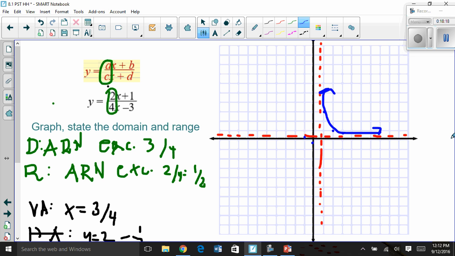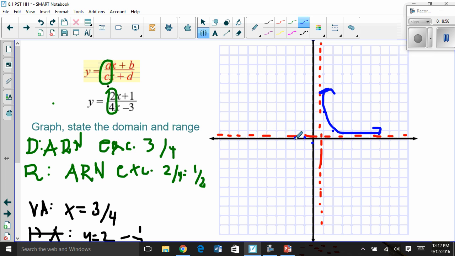We'll do one more point. We have -2 times 2 on top is -4 plus 1 is -3. Bottom, plug in -2 times 4 equals -8 minus 3 equals -11. So we have 3 divided by 11, and that's going to bring us a little closer to that 1/2 as well. 3 divided by 11 is almost 0.3, it's 0.2727 repeating.